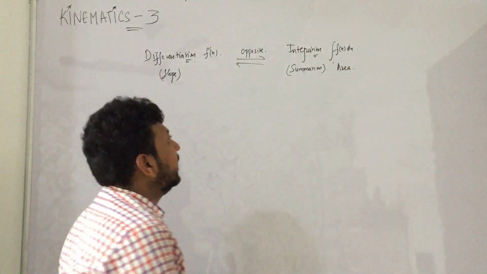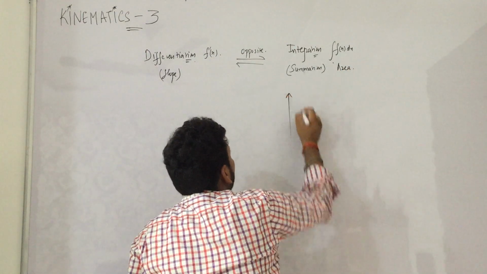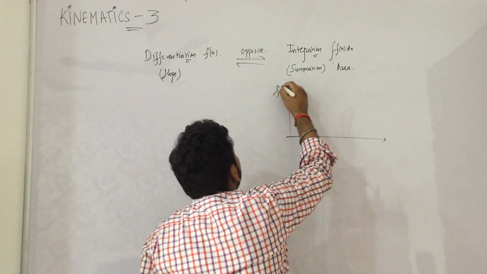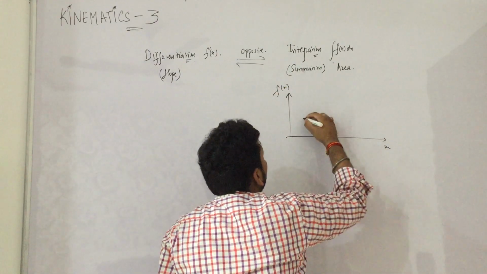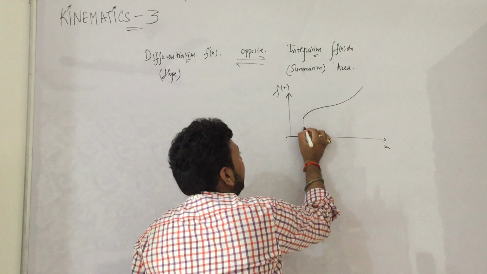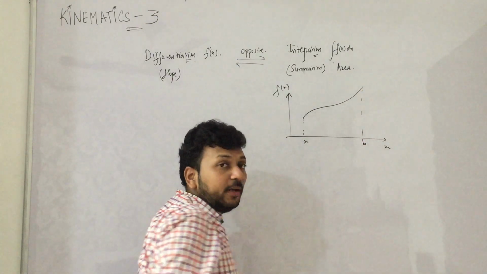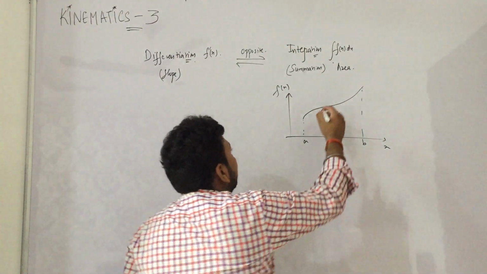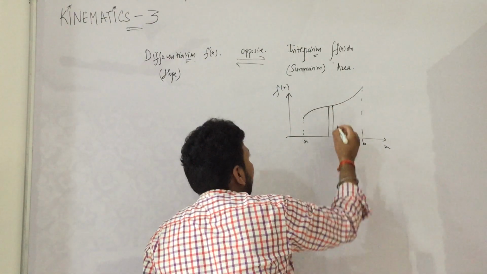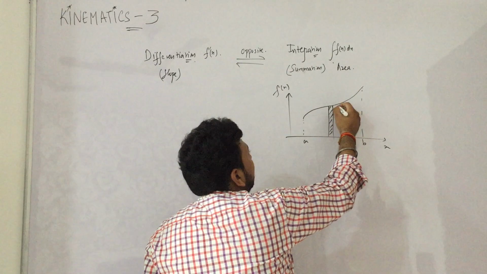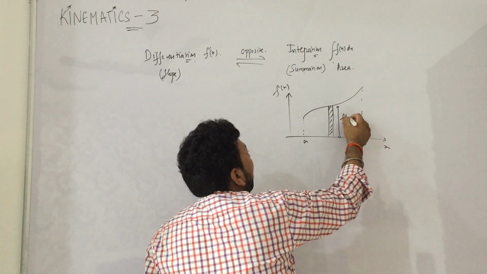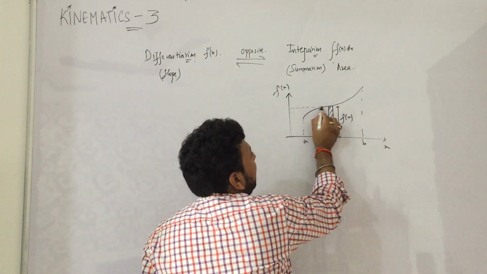Okay, so let us understand integration. Suppose there is a function, there is a graph of anything, and it goes like this, and we need to find the area of this graph from A to B. So how do we find it? Suppose we take an element like this. What is its height? The value of f(x) at that instant, right?